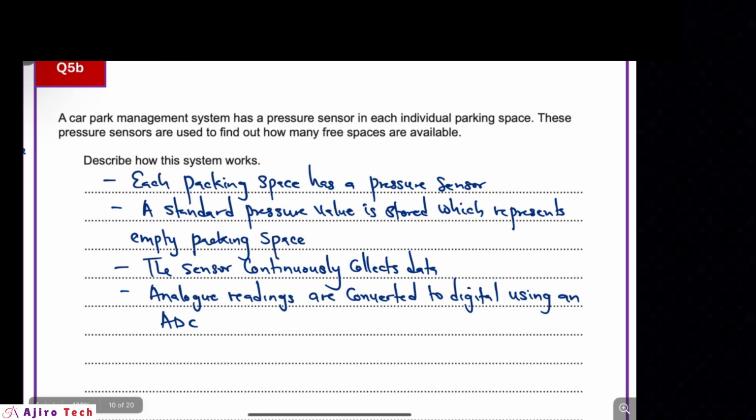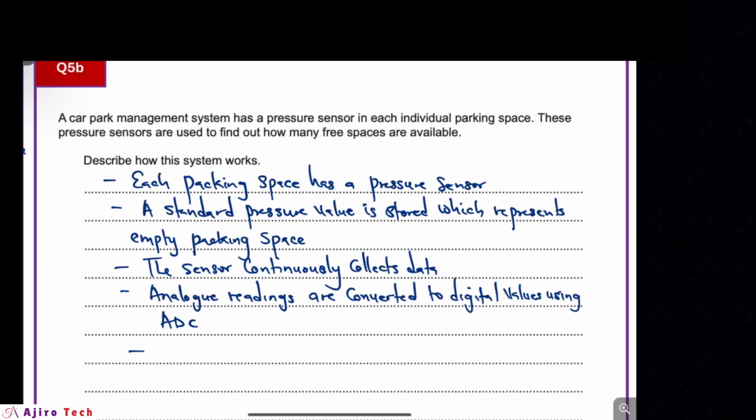So the analog readings are converted to digital values using ADC. All right.